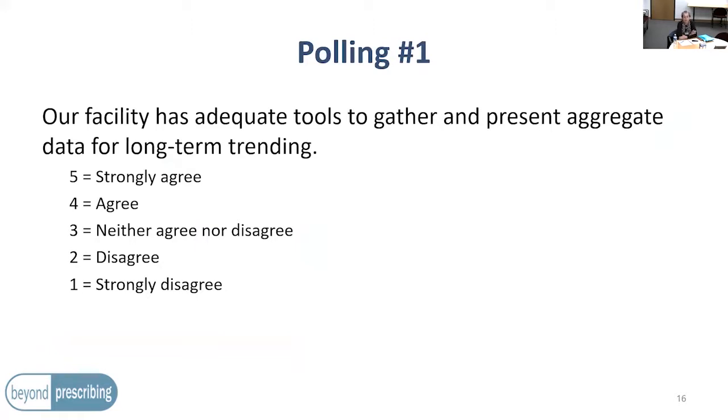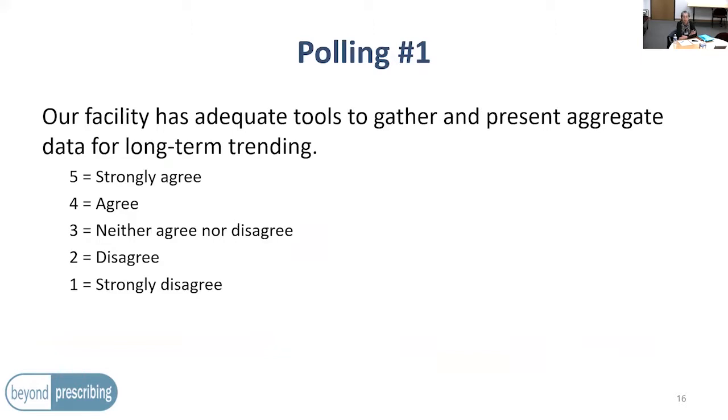Next slide. So here's our first polling question. Our facility has adequate tools to gather and present aggregate data for long-term trending of antimicrobial use. Can we get reports from our pharmaceutical supplier, a pharmacy, our lab?